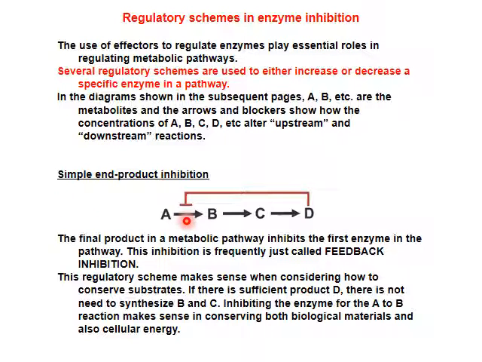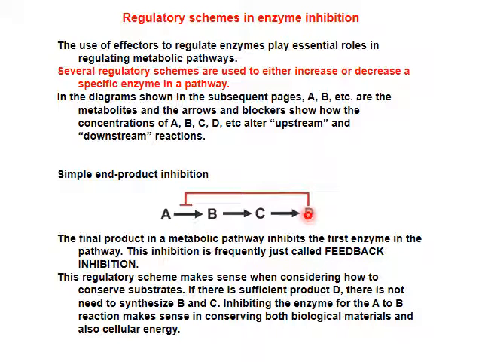So one example would be shown here. We have substrate A, the product B, which then gets converted by another enzyme to C, and another enzyme converts C to D. And so this is kind of a linear pathway here, with each arrow being catalyzed by a different enzyme. Simple end product inhibition is basically the accumulation of the metabolite at the end of that pathway.